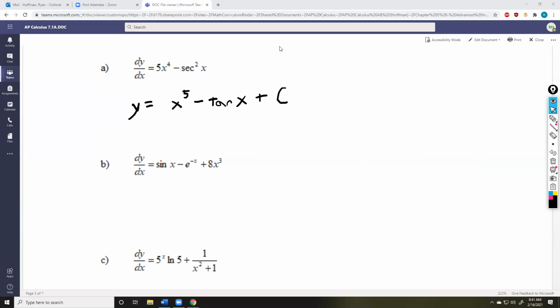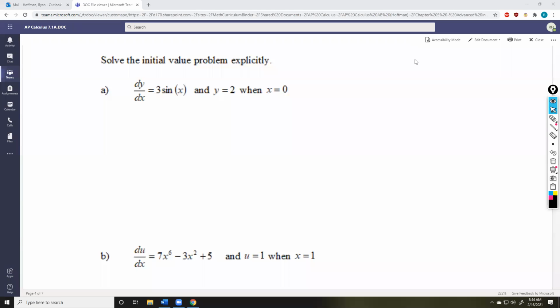So I'll give you about 1 minute to do that, and I'll check to make sure during class tomorrow that you have these two down and ready to go. And if we need help on it, then I'll help you on it tomorrow. So I'll give you 1 minute to try these two, and then we'll move on to the next page.